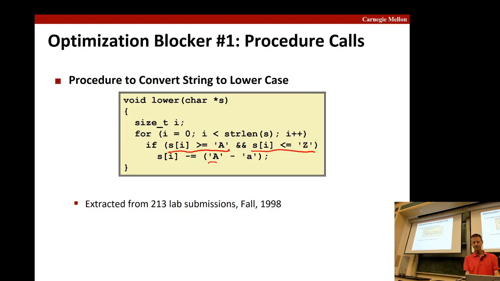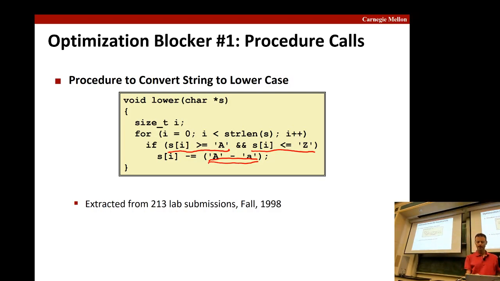Since the capital letters and the lowercase letters are at a fixed offset from one another, I can do this simple arithmetic. If I just subtract off the difference between the start of the two alphabets, then no matter what character I have, I'm going to jump it from uppercase to lowercase.